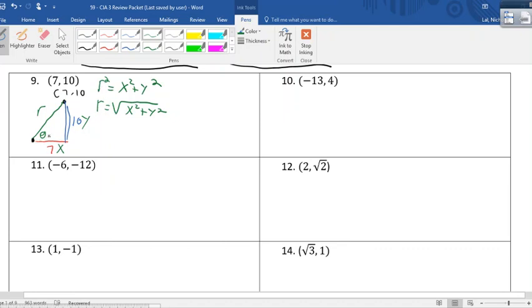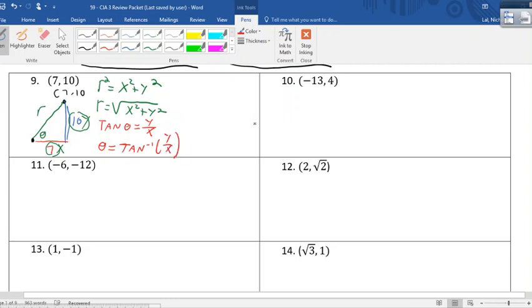The other formula to find theta: we have 10, we have 7. The tangent of theta is y over x. So because the tangent of theta is y over x, we can find theta by taking the inverse tangent of each side. So theta is equal to the inverse tangent of y over x.